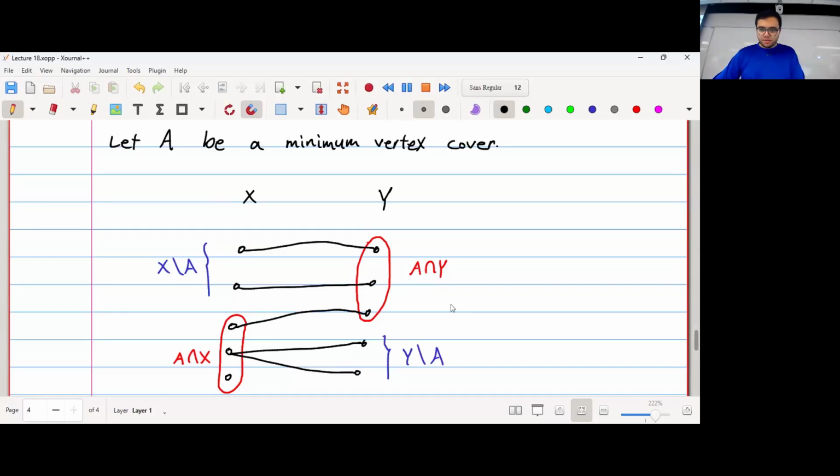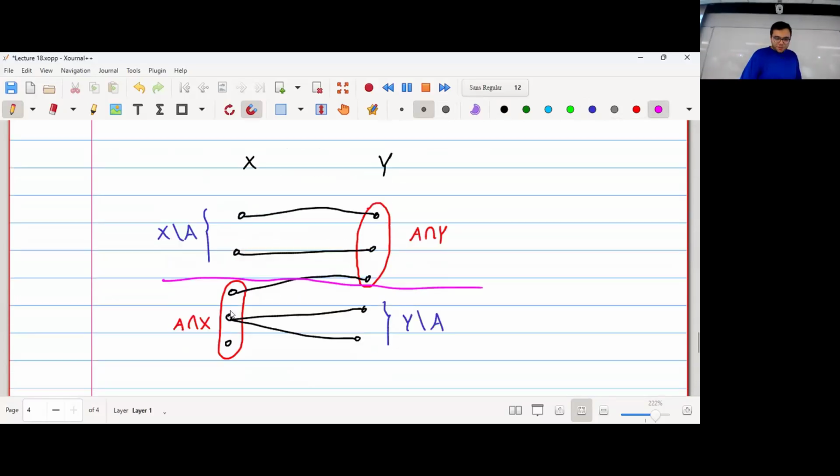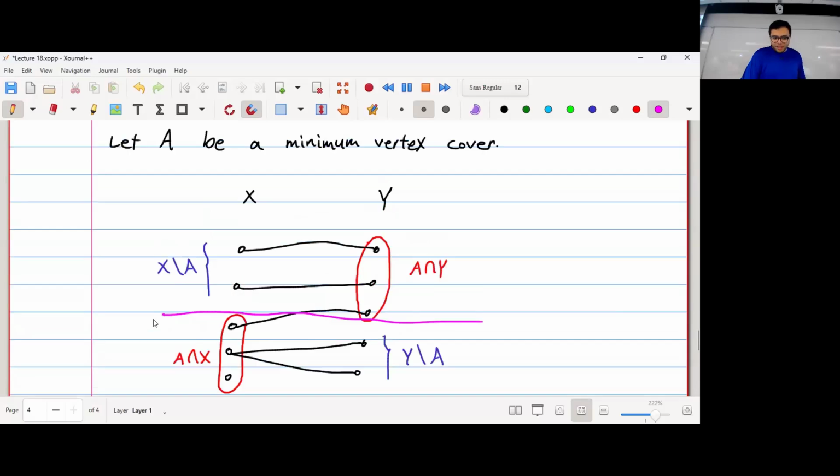So here's what I'm going to do. I'm just going to say, let's cut this graph from here. I'm going to cut my graph into two parts, which is the reason why I put the red ones down here and the red ones up there. But I'm basically cutting the graph into two parts. Let's give these two parts a name. Let's call this one H1 and let's call this one H2.